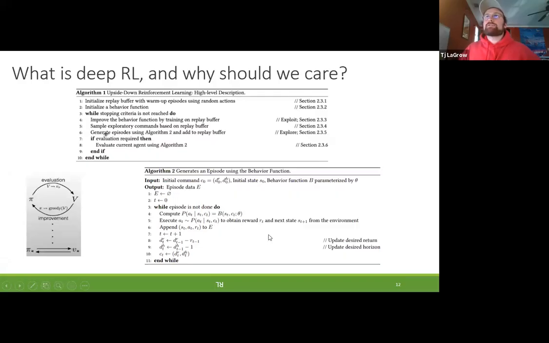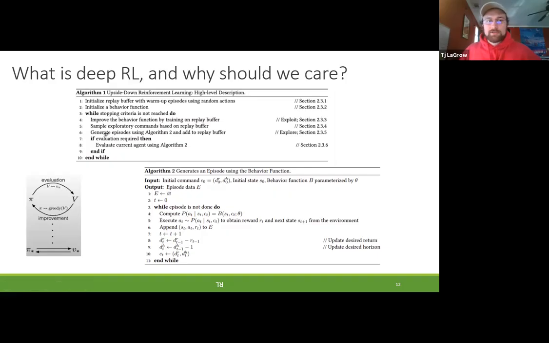They execute the action, obtain the reward, append it to the episode data, and then iterate on all of the variables in succession. This is done until the stopping criteria is met or some kind of reward is met.